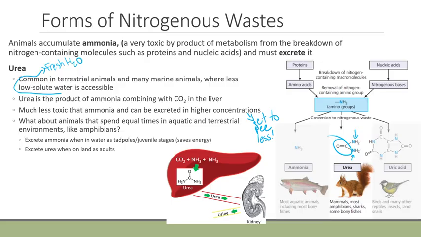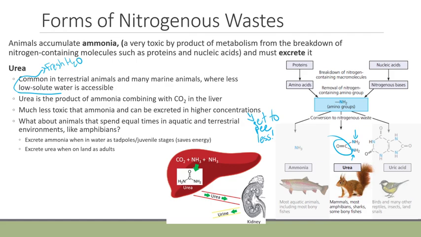Not every animal, though, is something that is just on the land or just in the water. So let's again think about some of those animals that spend time both in aquatic environments, but also terrestrial environments, like a good old frog, or some other amphibian. When it is in its tadpole stage or other juvenile stages, when they're fully aquatic, completely in the water, they will actually excrete their wastes as ammonia.